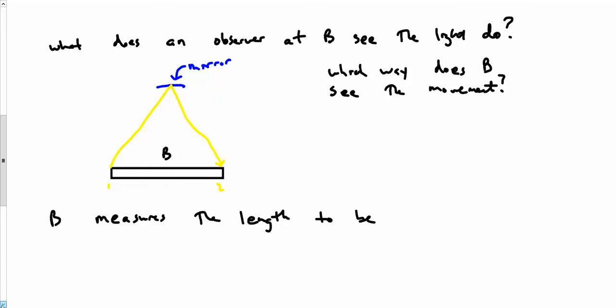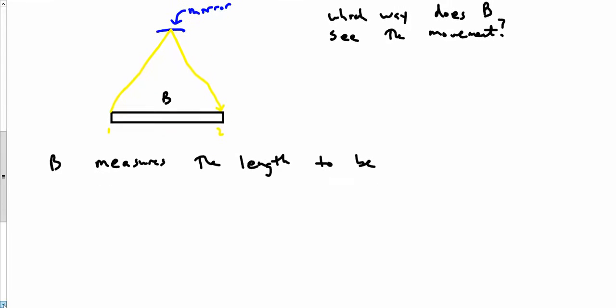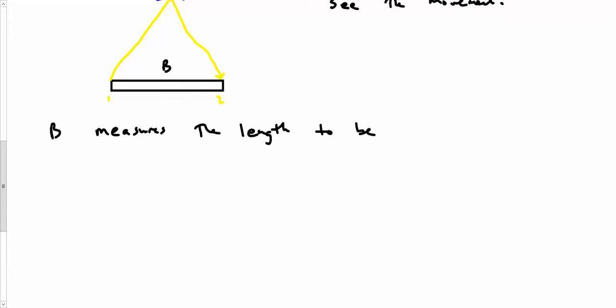So what is B measuring here? B is measuring the same thing. Distance is velocity times time. He is at rest with this rod, so he would see it as V times Tm, because he's got a moving time.